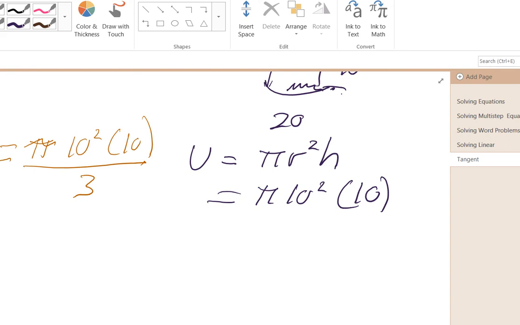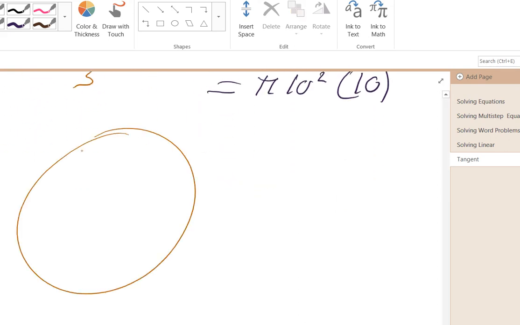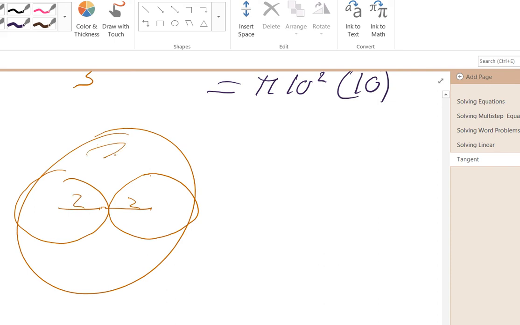Okay. So we will find the area of 2 circles, but what are we going to do then? Like that, right? Okay.